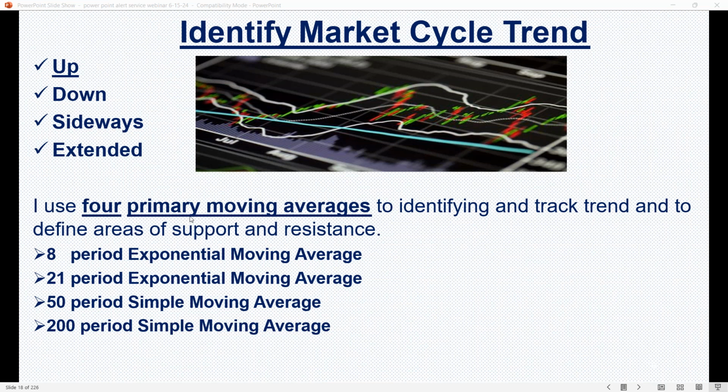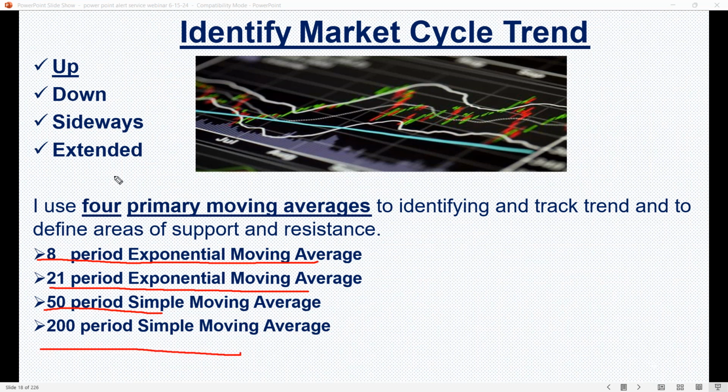I use 4 primary moving averages to identify and track trend and define areas of support and resistance. On all my charts, I'm always following the 8-period exponential, which is a fast moving average, the 21 exponential, then a 50 simple and a 200 period simple.